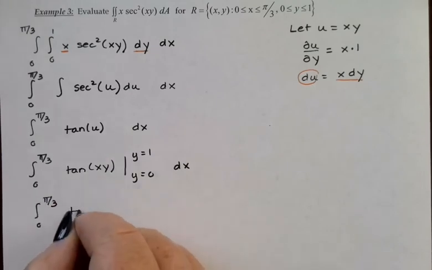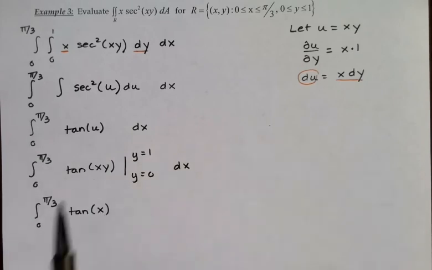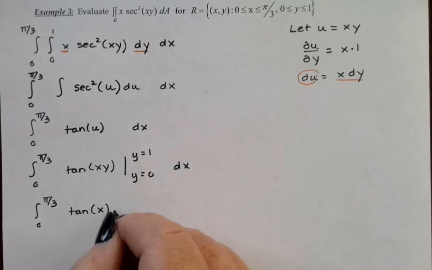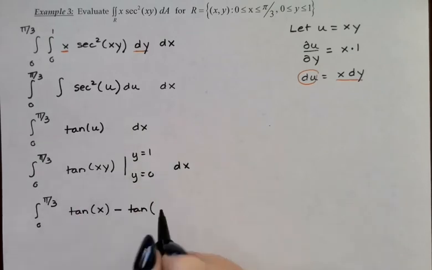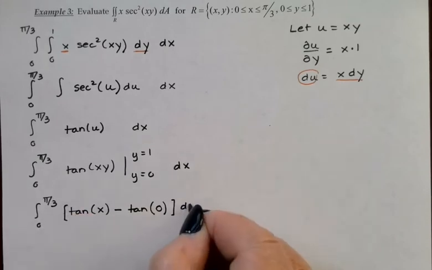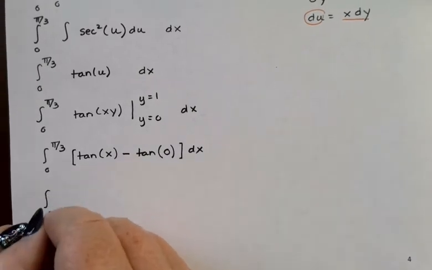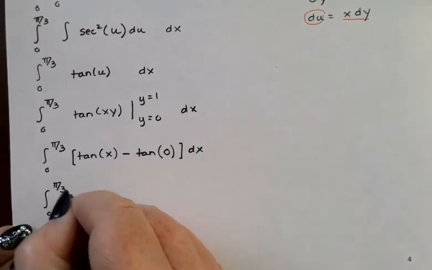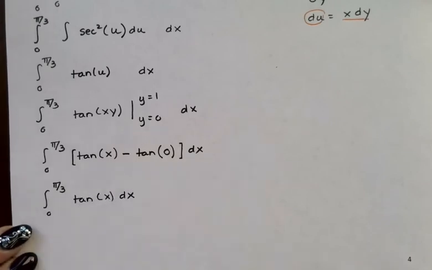Plugging in y equals 1, I would have just the tangent of x, x times 1 being x, minus the tangent of x times 0 is 0, dx, or simply the integral from 0 to pi thirds of tangent x dx.